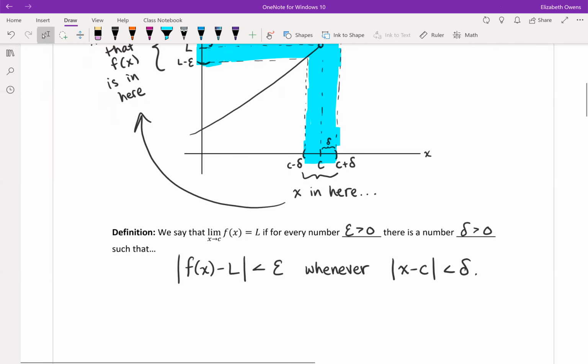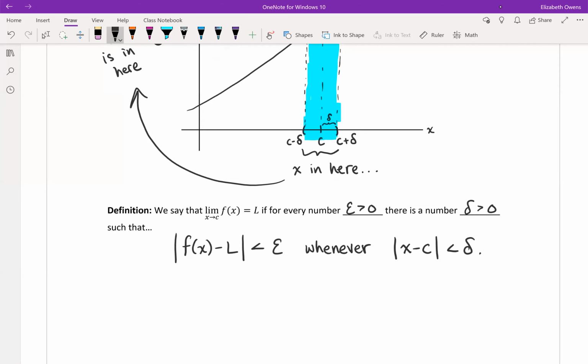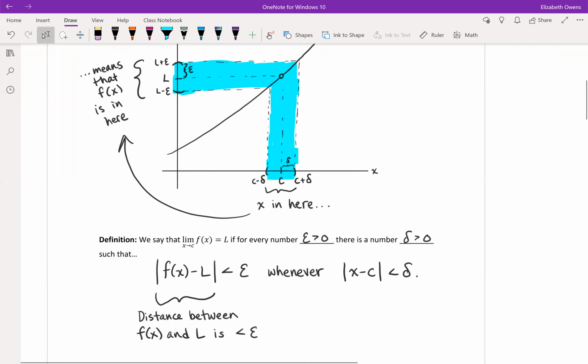So with this first part of the definition, the absolute value of f of x minus L is just the distance between f of x and L. So the distance between f of x and L is less than epsilon. That is just a mathematical way of saying f of x is in this region. That means f of x has to be somewhere in here.